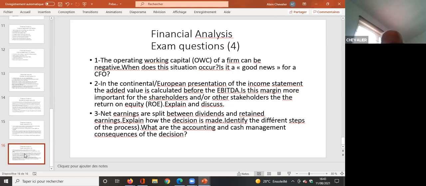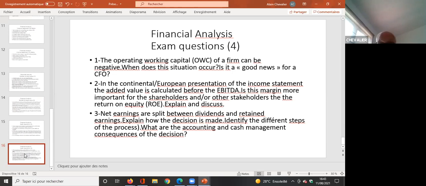Of course, it can be negative, and we already said a few words on that, saying that for the distribution sector, in most of the cases, it is negative because of a specific situation with a very low level of inventories, nearly zero, and nearly zero credit given to the customer.